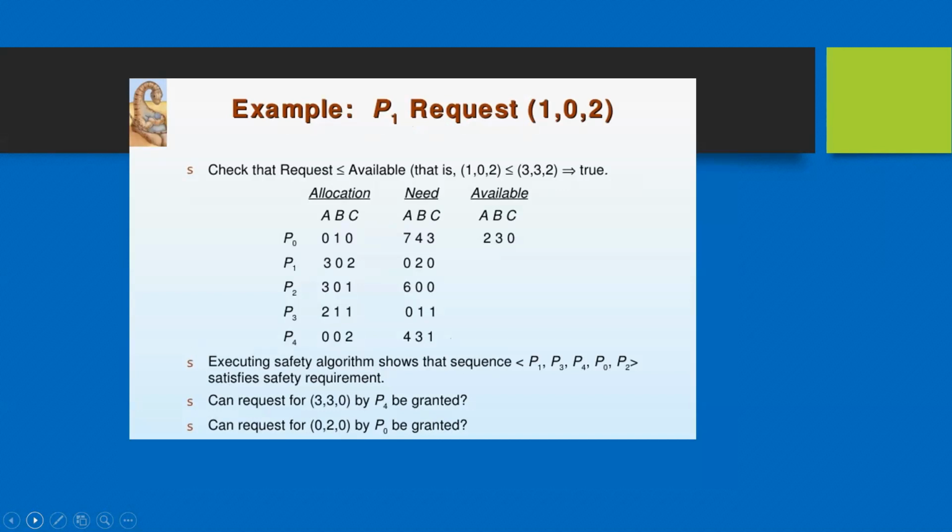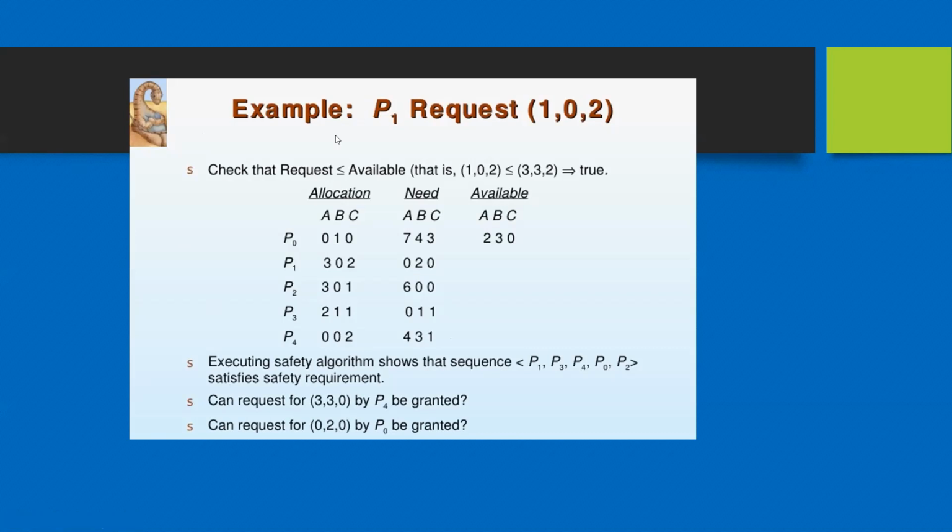However, only 2, 3 and 0 resources are allocated. So allocation cannot be done in such a case. It will lead to deadlock. Executing the safety algorithm shows the sequence P1, P3, P4, P0, P2 satisfies the safety requirement.